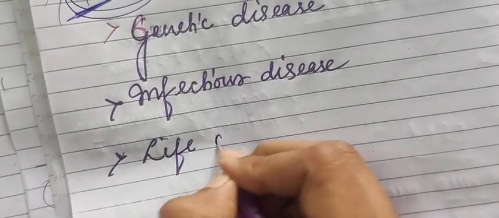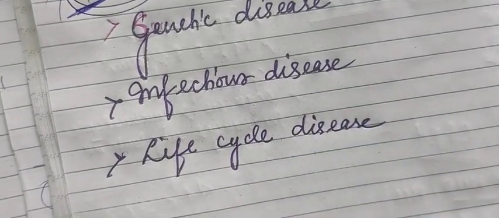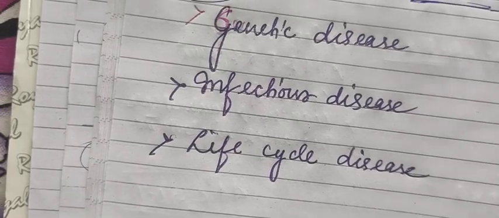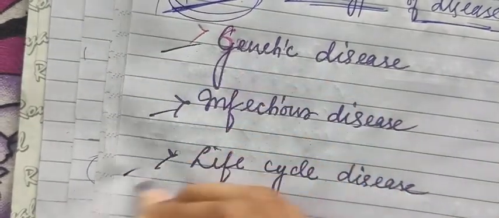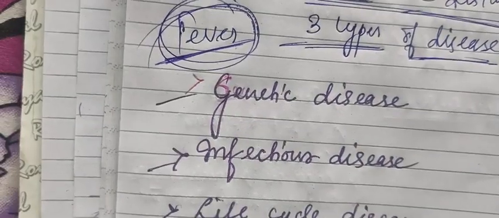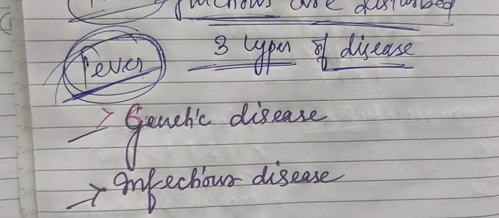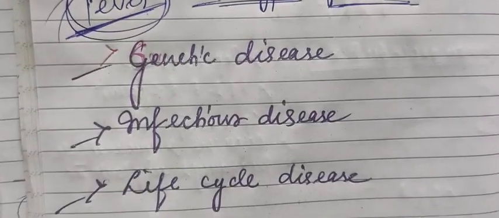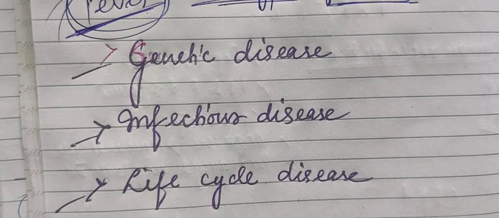And the last one, life cycle disease. What is the meaning of genetic disease, infectious disease, and life cycle disease? We all know about this matter from our second video.